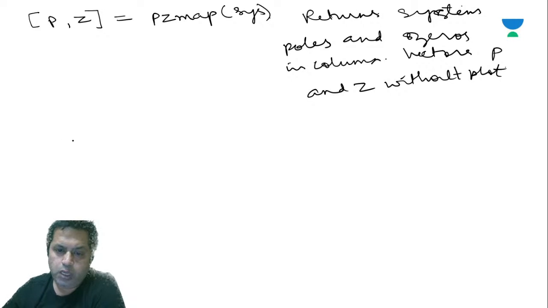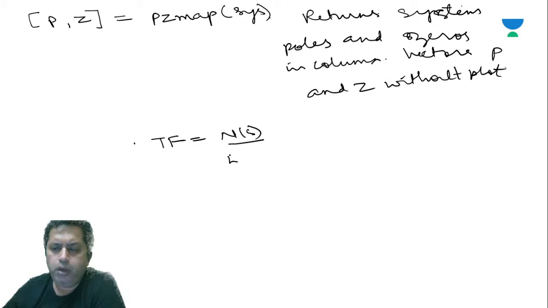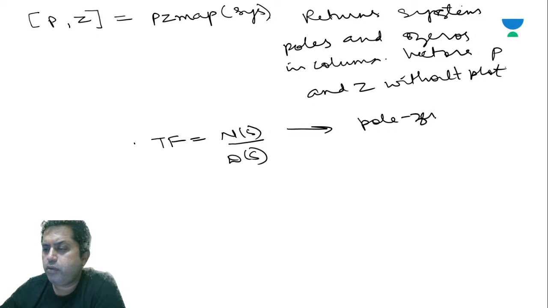Okay. So there is always a need to find from where we can obtain the pole zero plot. We can obtain the pole zero plot from the transfer function. Transfer function is numerator polynomial upon denominator polynomial. We can draw the pole zero plot for this function, the pole zero map.